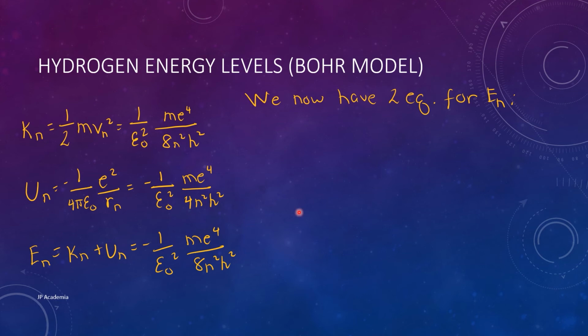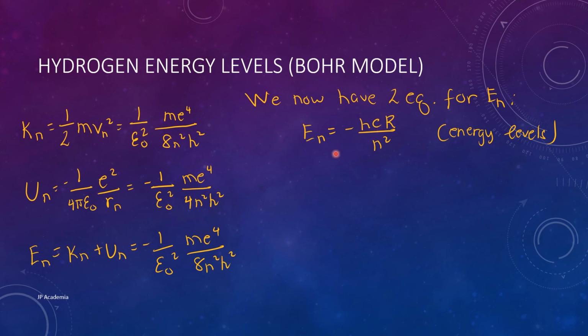With our discussion of energy levels, we now have two expressions for our En. The first equation, En, refers to the measured spectrum of hydrogen, while the second one, the one that we were able to derive, is from the Bohr atomic model.